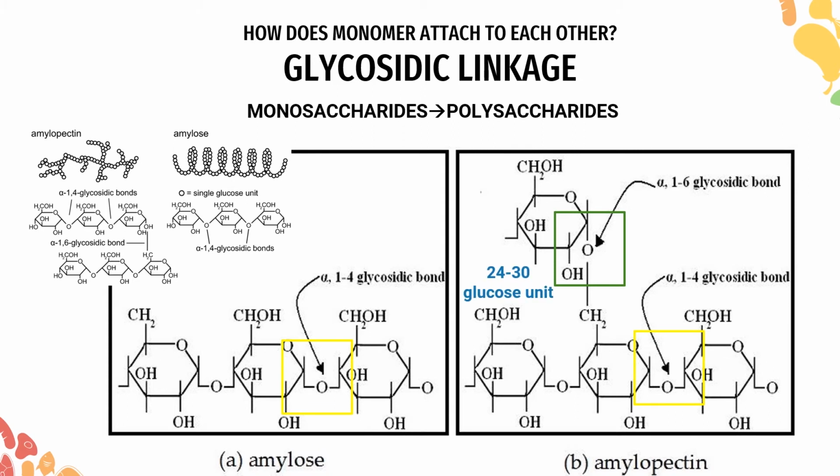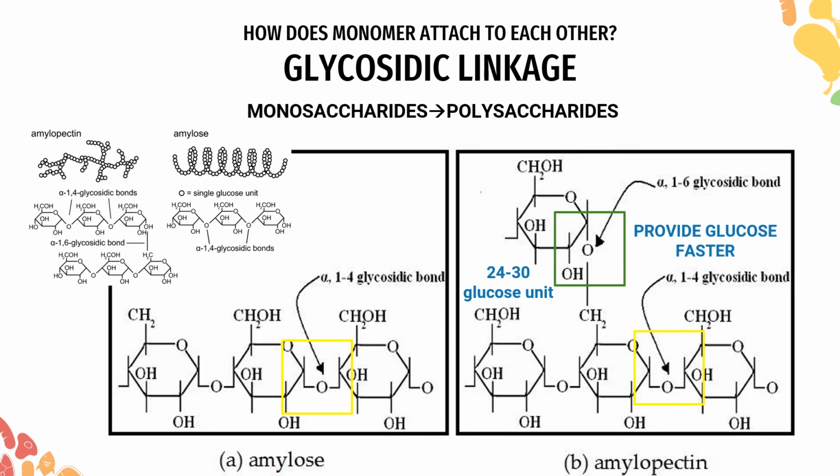This creates a branch structure. This branch structure causes amylopectin to be less compact compared to amylose, but also provides better availability for enzymes to hydrolyze the bond. That way, amylopectin can provide glucose faster in cellular respiration.